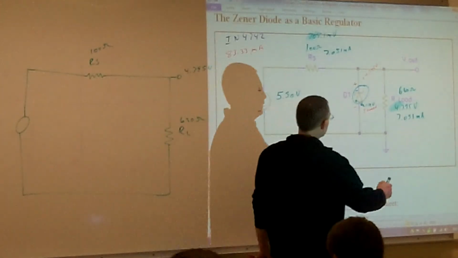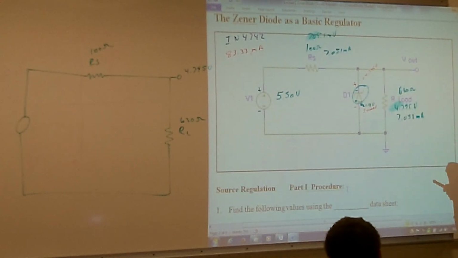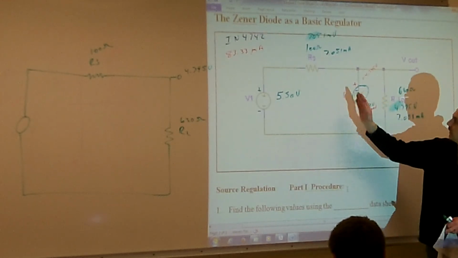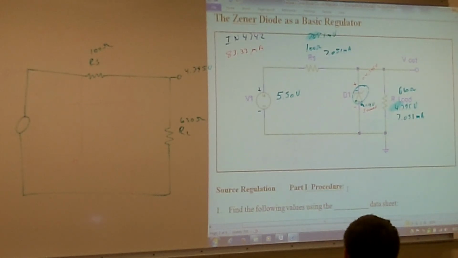We might have assumed 12 volts going across our Zener, did all our calculations, and then realized that we didn't even have enough voltage to supply the Zener to maintain regulation. So at that point, this thing is out of regulation. It's not even part of the circuit. Even though I have the Zener in there, it's not regulating the circuit.